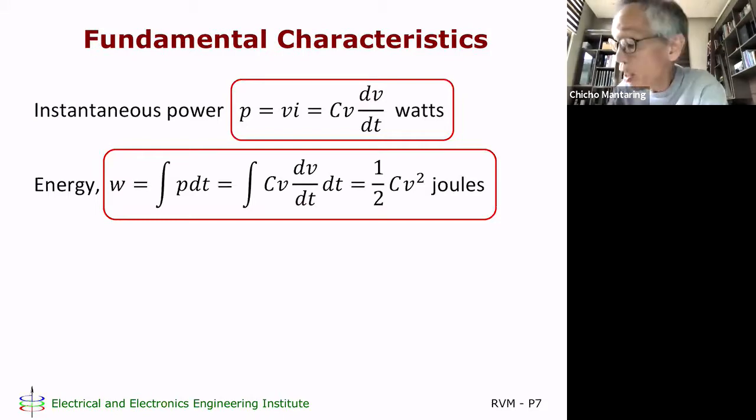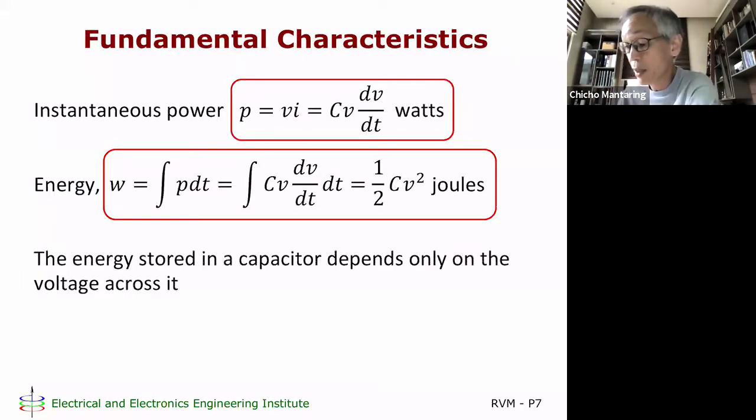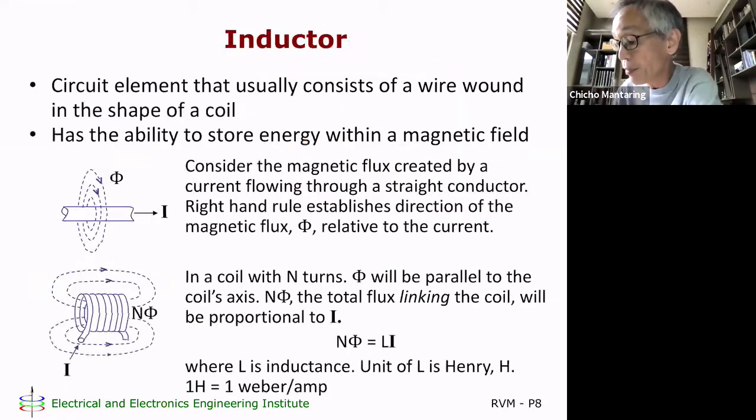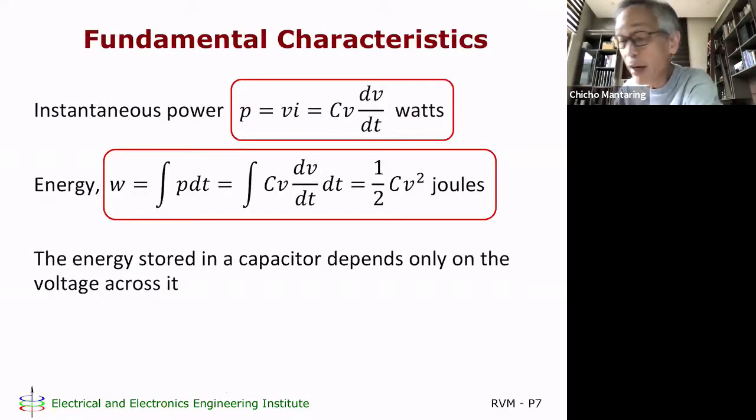So notice that the energy stored in a capacitor is only dependent on the voltage across the capacitor. It does not depend on time or past history. Whatever the voltage is at that particular instant in time, that determines the energy stored in the capacitor. Are there any questions with respect to the capacitor?